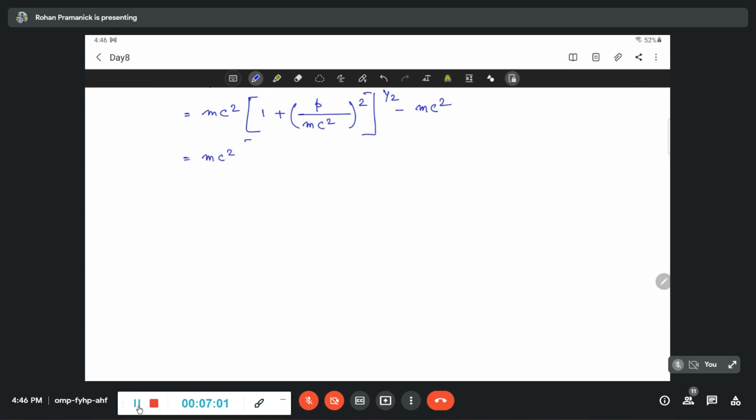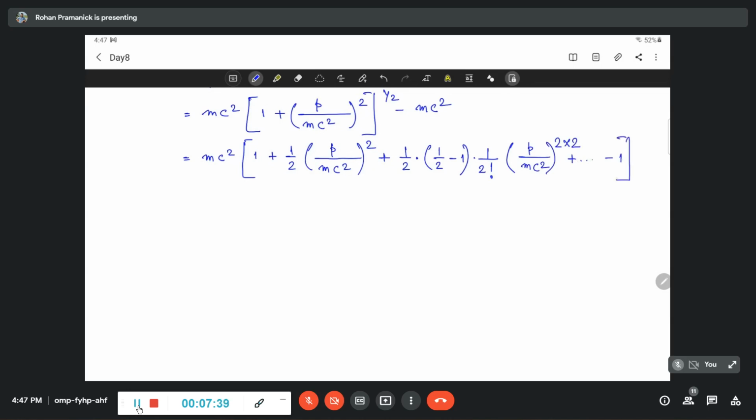So mc squared, if I take common, then 1 plus half of (p by mc) squared, plus n into (n minus 1) by 2 factorial times (p by mc) squared squared, so this becomes the fourth power, and all those corrections, minus 1.